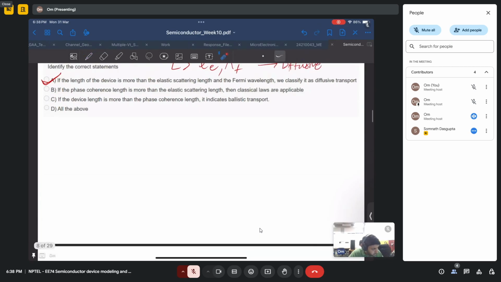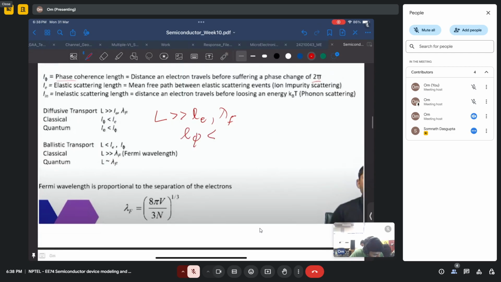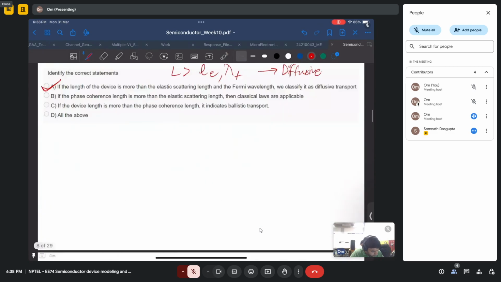Second talks about when the classical laws are applicable. So classical laws are applicable in two cases. Case one is the phase coherence length is less than the elastic scattering length. Second one is L is much greater than lambda f. So let's see what the question is.